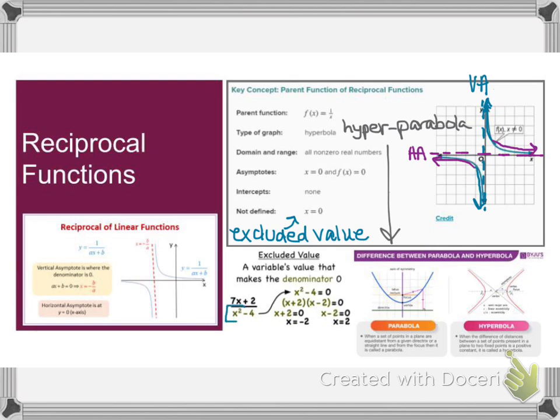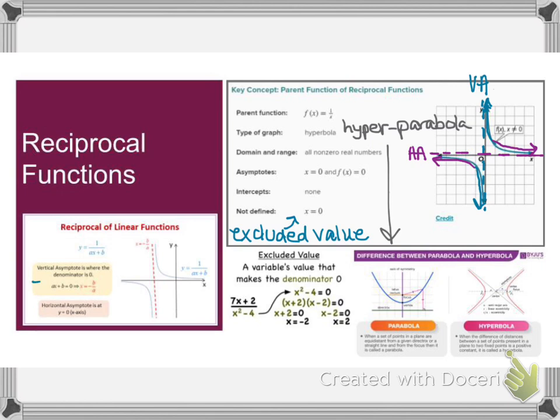Now sometimes we have a little bit more work to do, like in this example we had to solve a quadratic, and there's two excluded values in this case. But the point is we have to set the denominator, in this case 1 over x, the denominator is x. We're going to set it equal to 0, and then if we need to solve, go ahead and solve. In this case, x equals 0 is our excluded value.